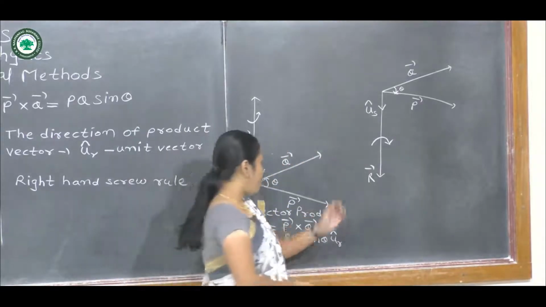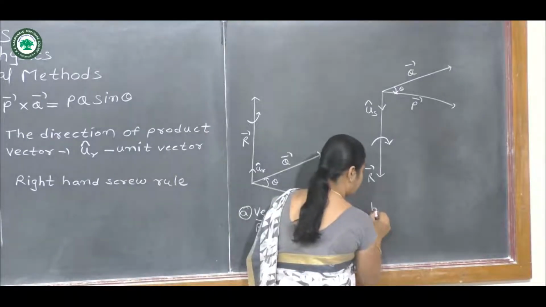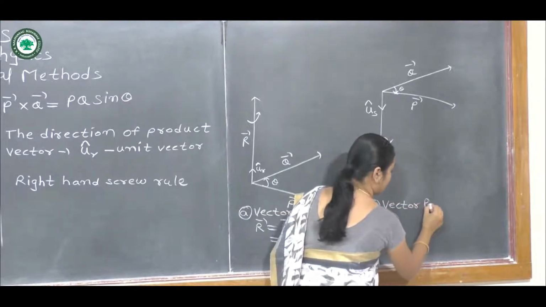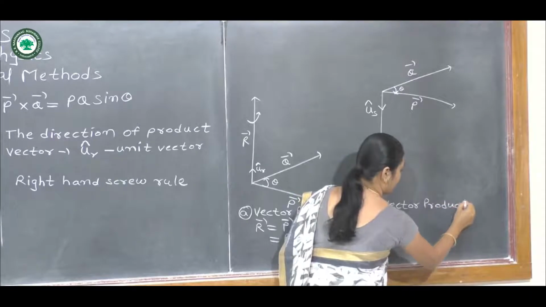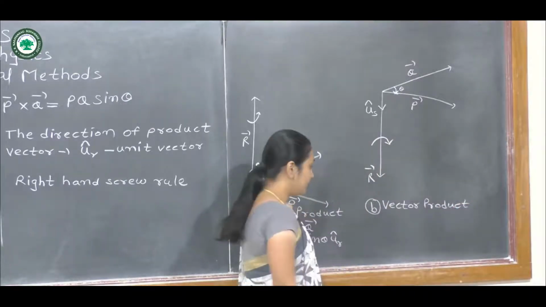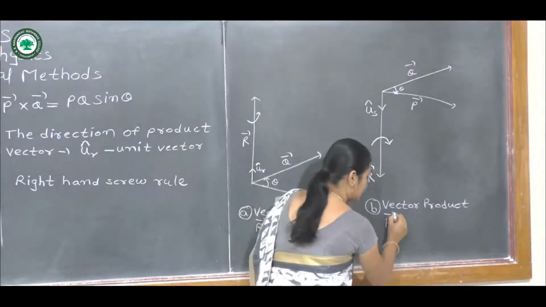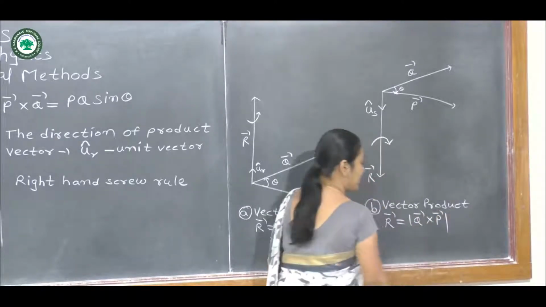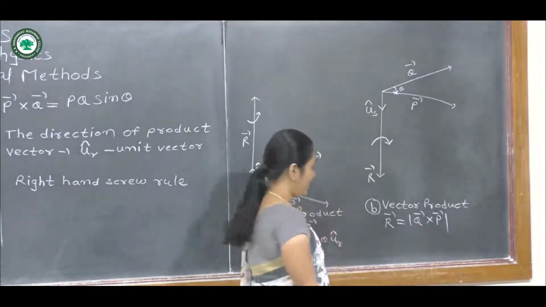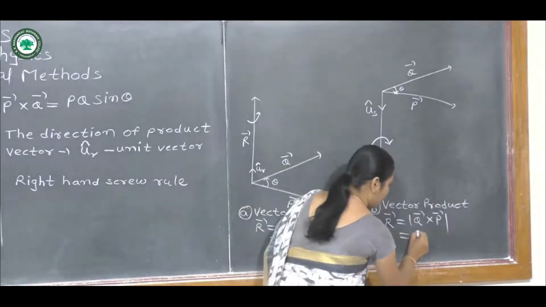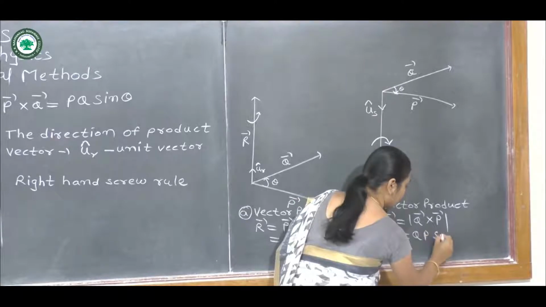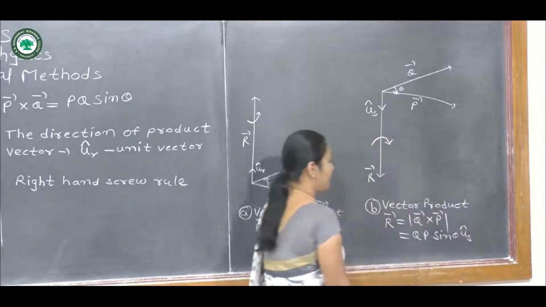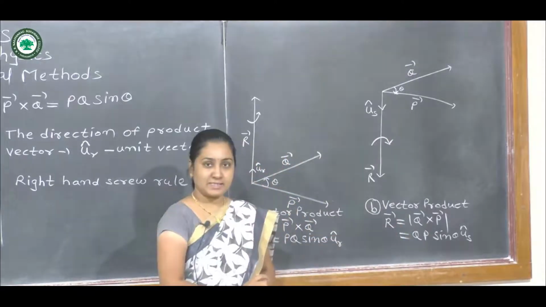So for figure B, the vector product r bar is given by q bar cross p bar, which is equal to QP sin theta US cap.